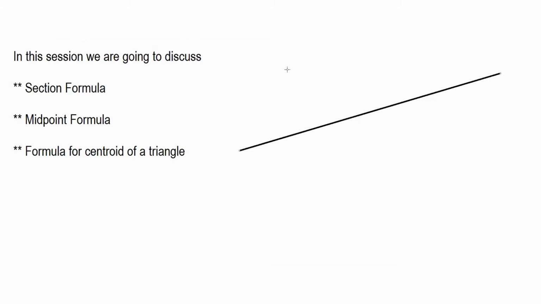Suppose we are given a line segment that joins 2 points A and B. Let us assume that the coordinates of A are x1, y1 and the coordinates of B are x2, y2.